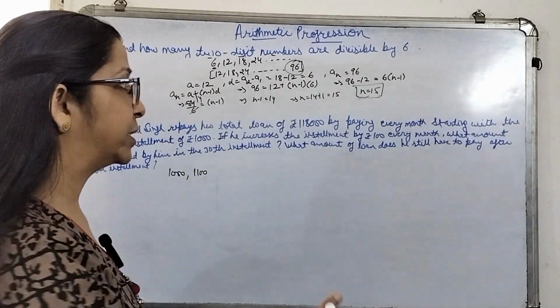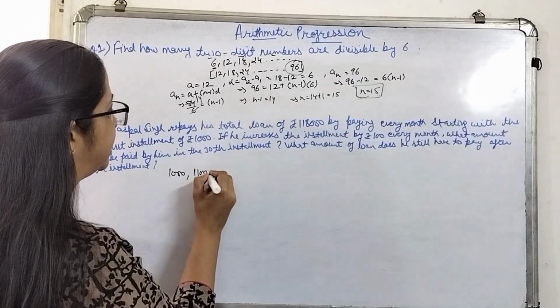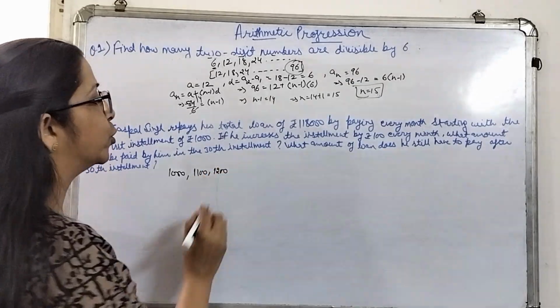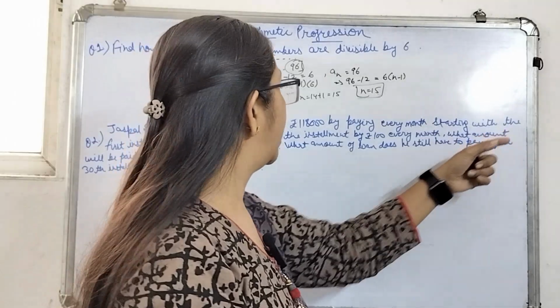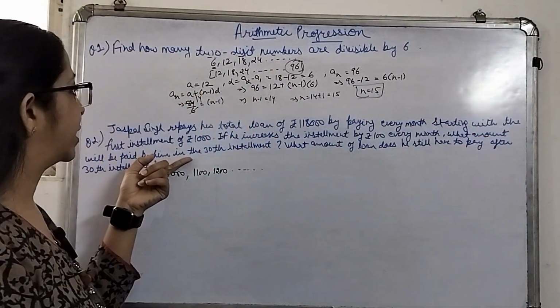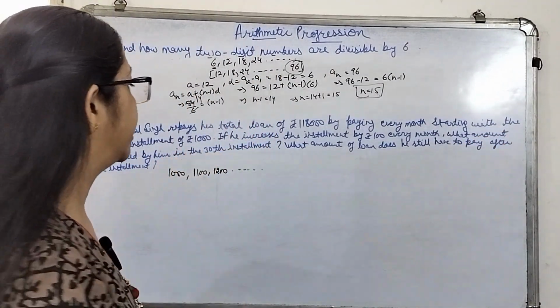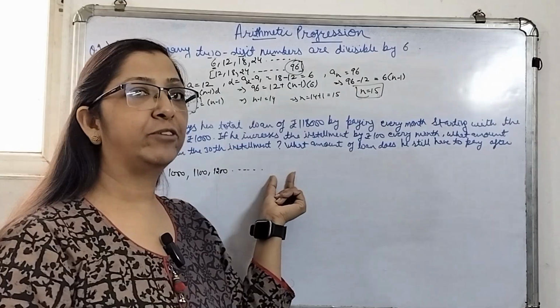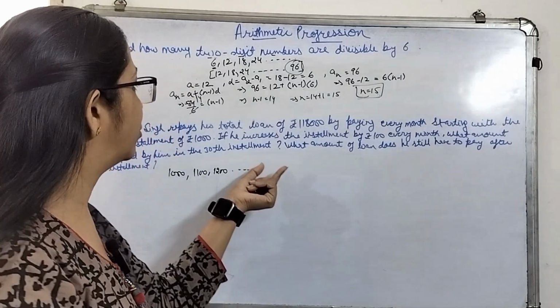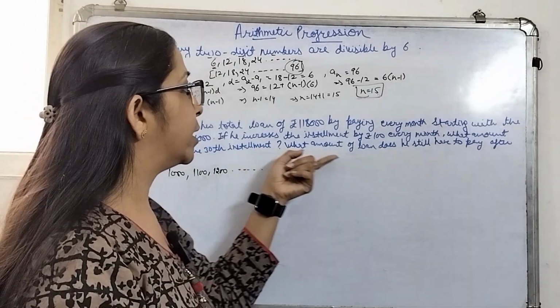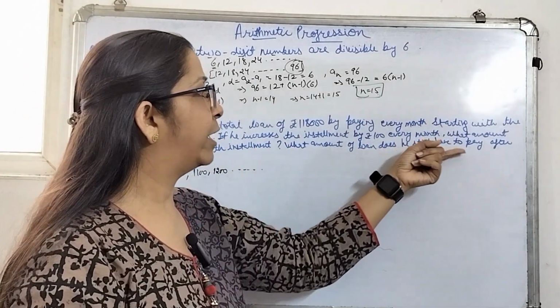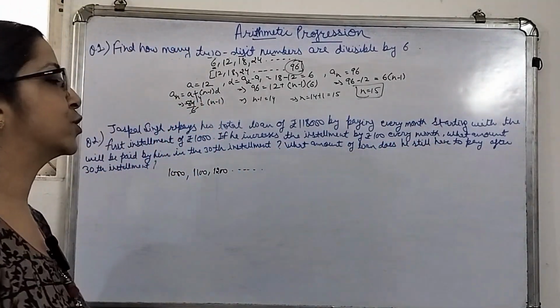Again for the next month it will increase by 100, that means the next installment will be of 1200 rupees, and so on. What amount will be paid by him in the 30th installment? That means how much money is he going to pay in the 30th installment. What amount of loan does he still have to pay after the 30th installment?